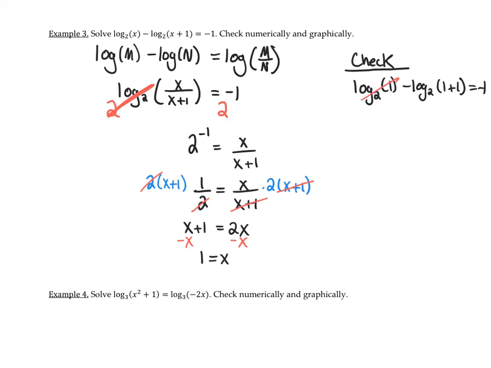Now log base 2 of 1 is 0, and now I have minus log base 2 of 2. Does that equal negative 1? Log base 2 of 2 is 1, so negative 1 equals negative 1. So our solution set is indeed 1, and I'll show you in a minute what the graph looks like.